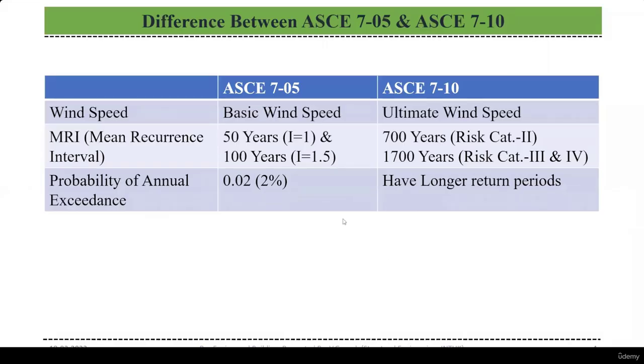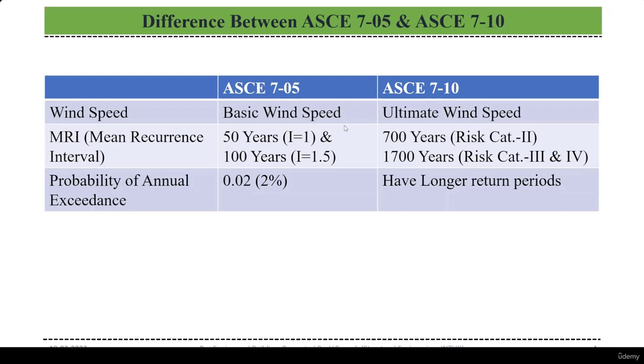Okay, I'm going through this. Wind speed. They have used the term basic wind speed in ASCE 7-05, and the term ultimate wind speed in ASCE 7-10. So what is the difference between basic wind speed and ultimate wind speed?